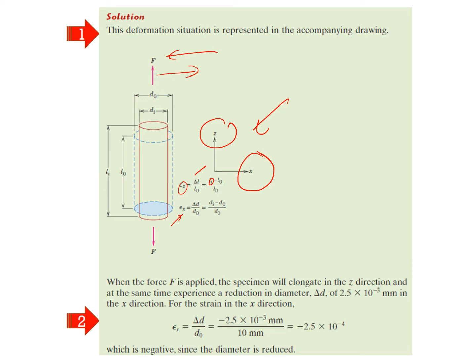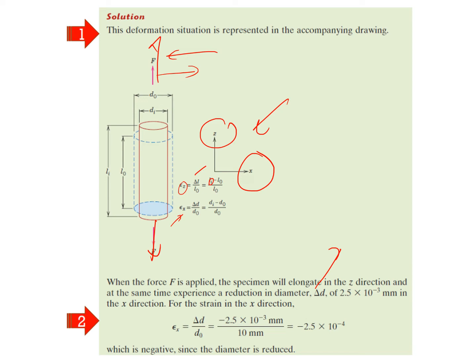When the force F is applied and you pull the member, you can imagine the shape being elongated while the size is reduced. The specimen will be elongated in the z direction and at the same time experience a reduction in diameter, a change in diameter of 2.5 times 10 to the power of negative 3 millimeters in the x direction.